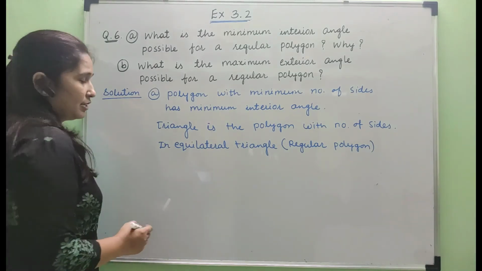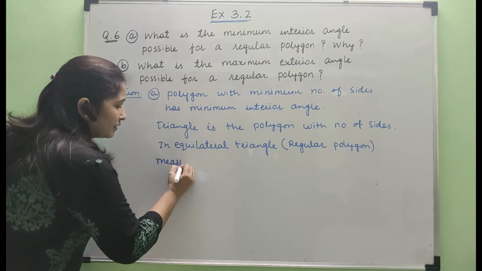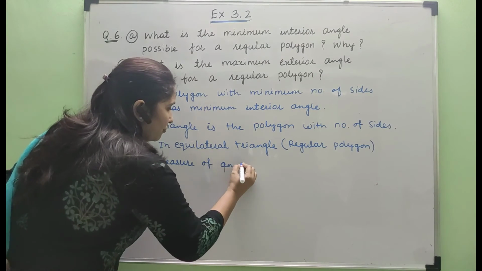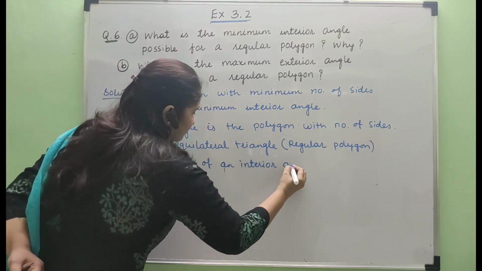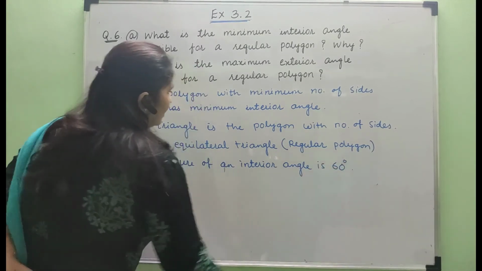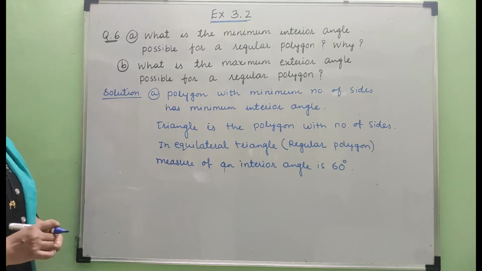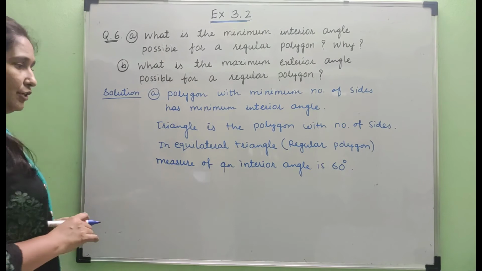So in an equilateral triangle, the measure of an interior angle is 60 degrees. So what is the minimum interior angle possible for a regular polygon? The minimum interior angle possible for a regular polygon is 60 degrees.